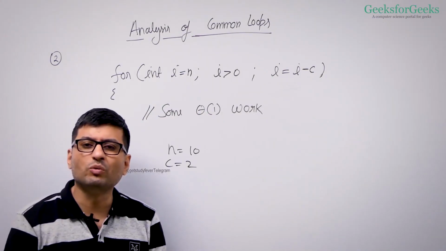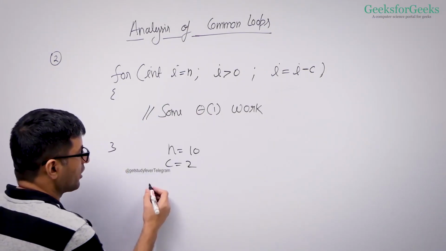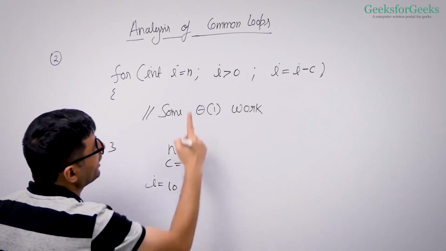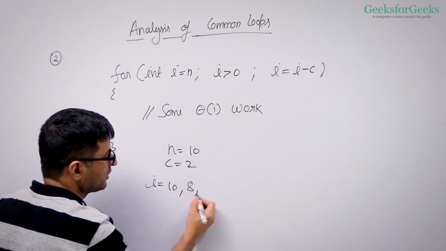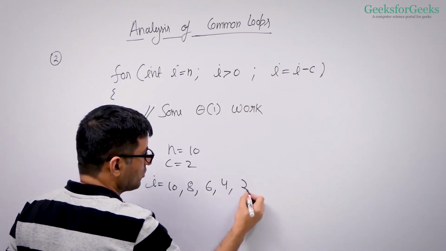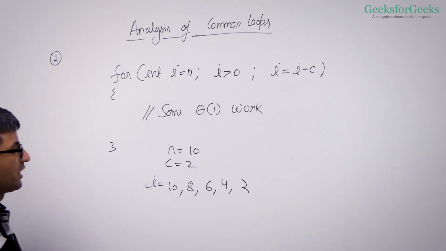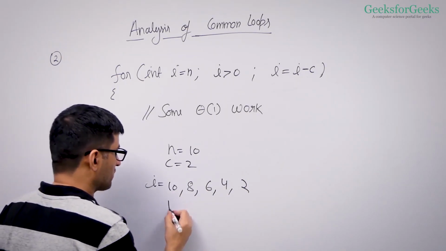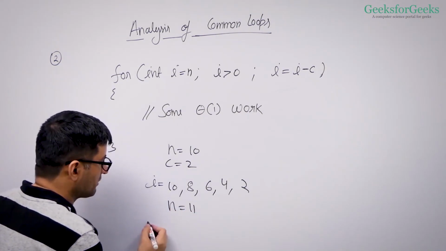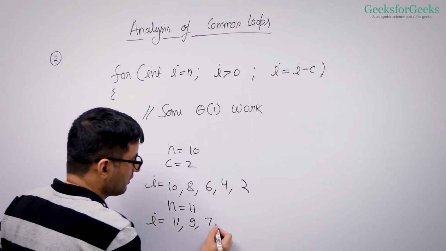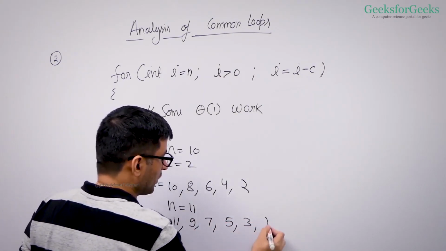How many times will this loop run? This will run for i equal to 10, then 8, we subtract by 2, 6, 4, 2. And after that it becomes 0 and it stops. So it runs 5 times. Let us take n equal to 11. How many times does it run? i equal to 11, then 9, then 7, then 5, then 3, and 1.